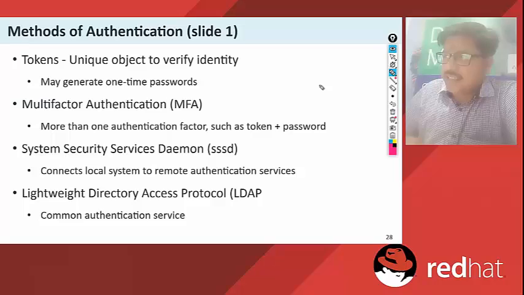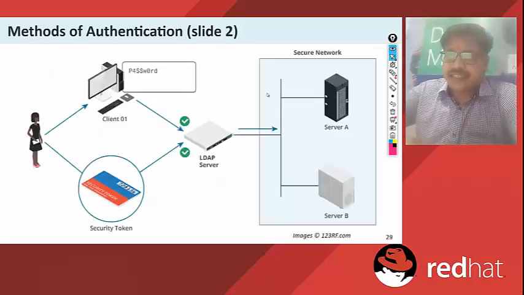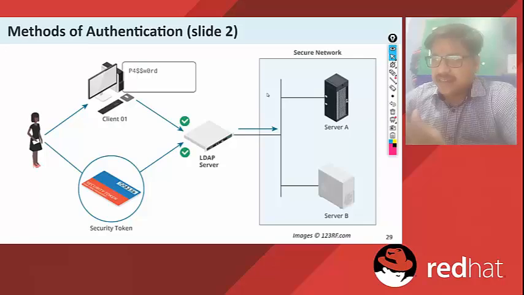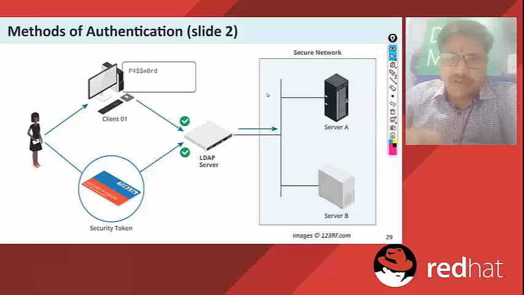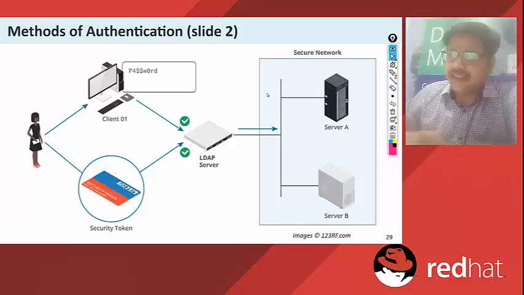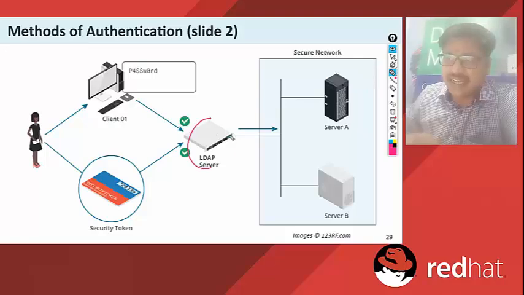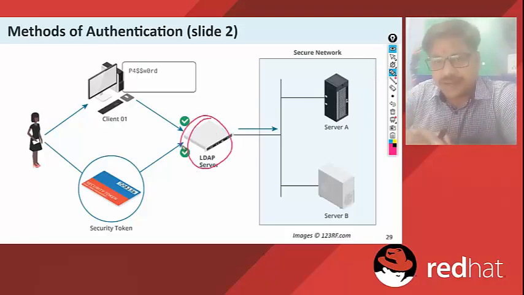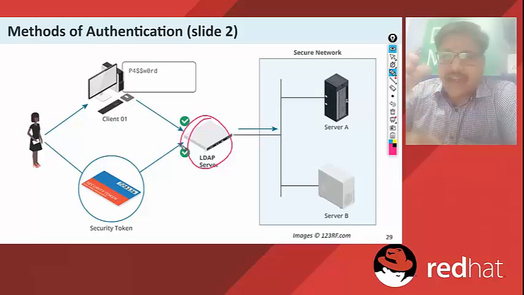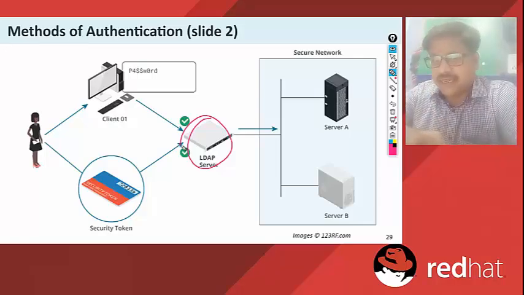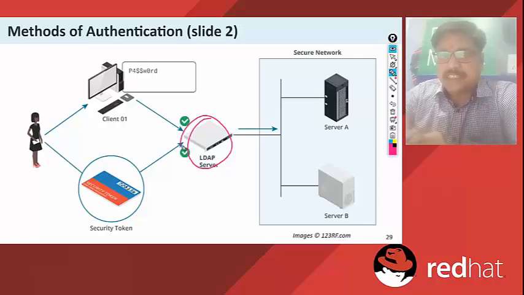Okay, so let's move on to the next slide, with a description of this authentication. Here are two servers, server A and server B, and this is the LDAP server. The LDAP server has all the information related to you, meaning your identification and your access level to data. You provide your identity, it checks your username and password, and later it assigns the available resources for you.